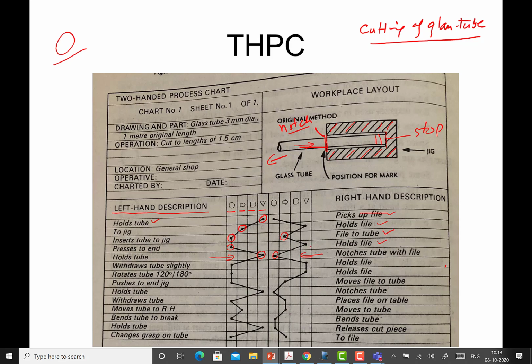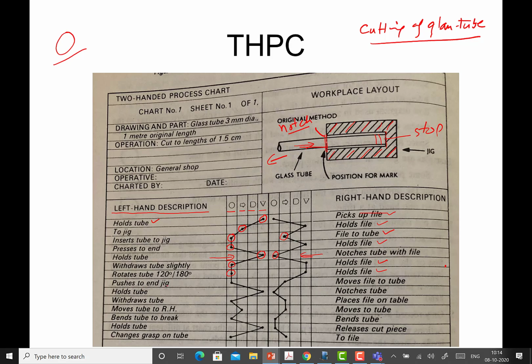So the different things are being done by the hands at different times. Okay, then once the notch is made, the tube is withdrawn. So withdraws tube gradually, and rotates the tube by 120 to 180 degrees, holds the file. So this continues.